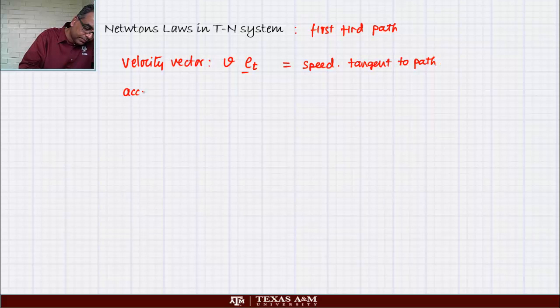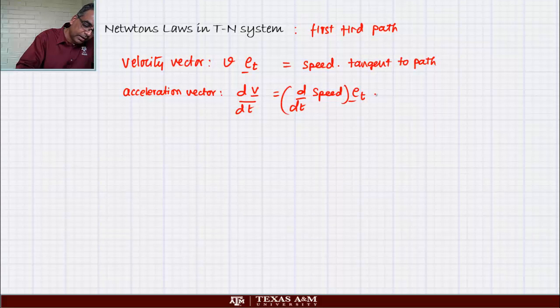Acceleration vector is d velocity vector dt, which turns out to be d dt of speed times ET plus speed squared divided by the radius of turn in the EN direction.